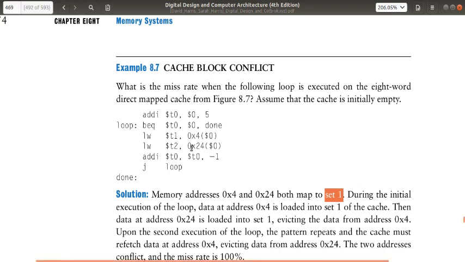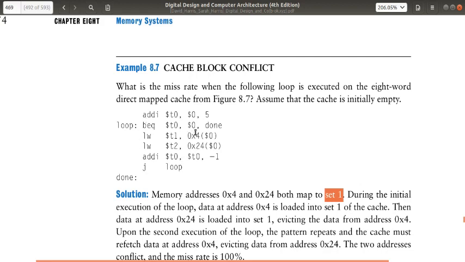So initially, 4 is loaded into set 1. Then in the next instruction, 24 has to be loaded into set 1, right? So 4 is evicted and 24 is put into that set. So this is a miss, and this is also a miss, because 24 is not there initially.